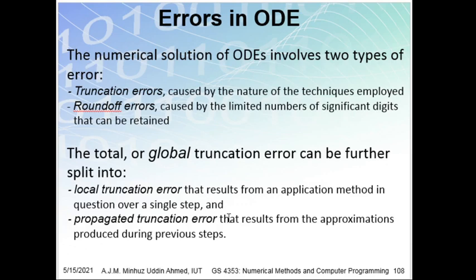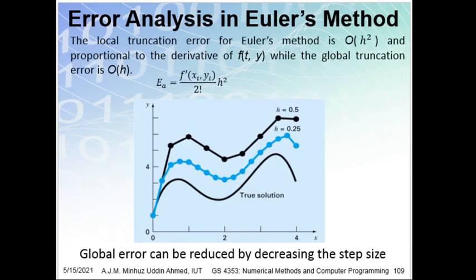So these two are the local truncation error and the propagated truncation error, or global truncation error, whatever it is. We'll be explaining this when I give an example of a math problem, then we'll understand this further.